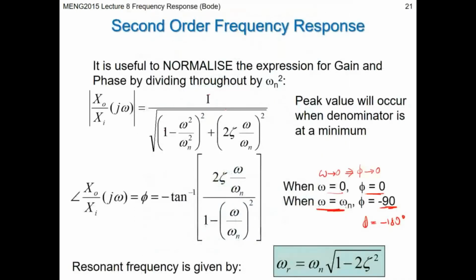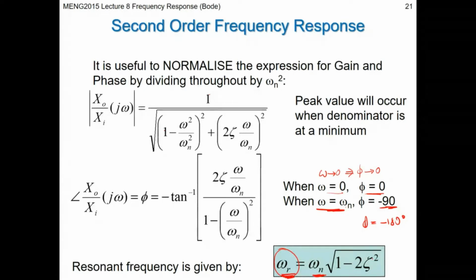Right. One last identity is that our resonant frequency is going to be equal to our undamped natural frequency times root 1 minus 2 zeta squared. So basically what this is saying is that there's something called a resonant frequency which exists, and it's slightly offset from our natural frequency, and the offset depends on the damping ratio.